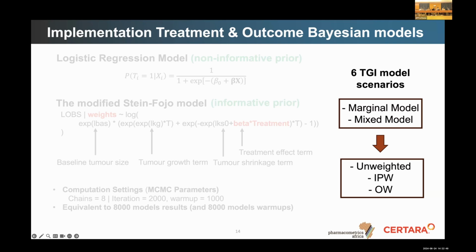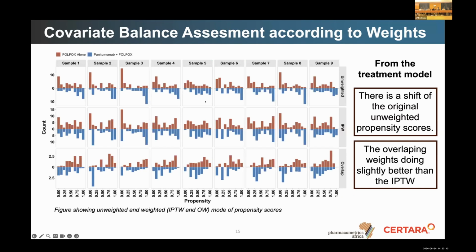And for these particular models, we are going to fit them under the unweighted and the 2 weights that we've spoken about. So the reference model here is going to be the unweighted, given that we don't know the true effect size, we don't know what the true parameters are. So what we will be referencing from is the unweighted, and then seeing what the weights are doing to our models, right?